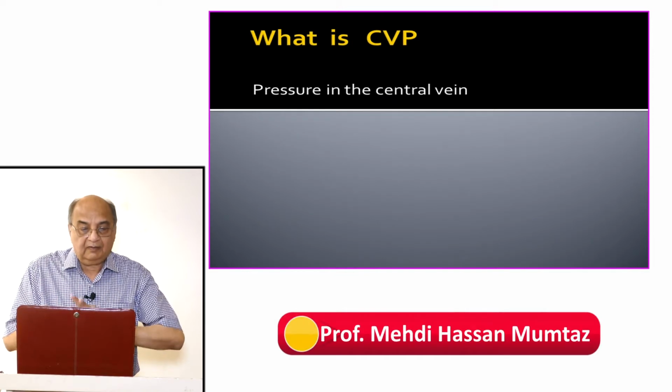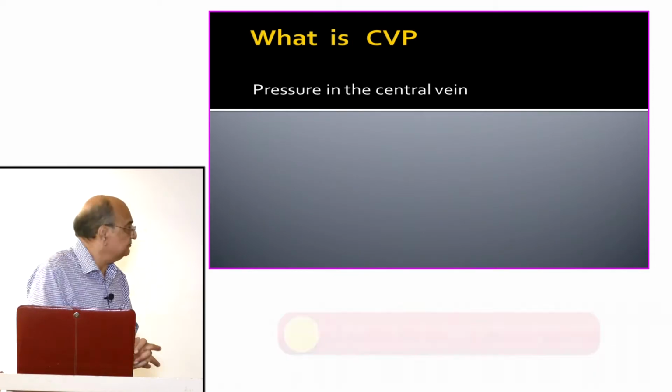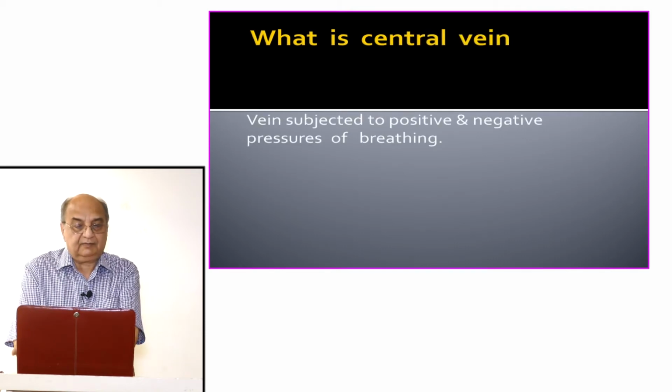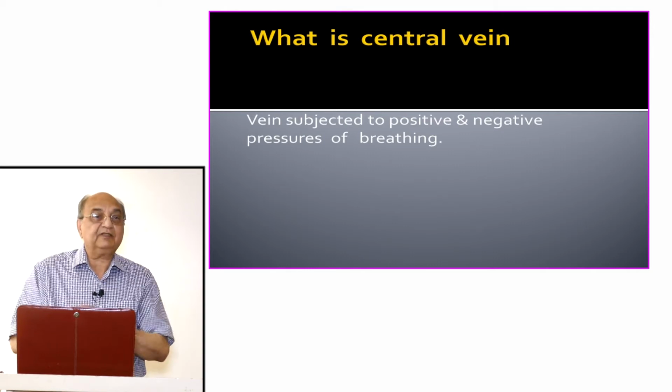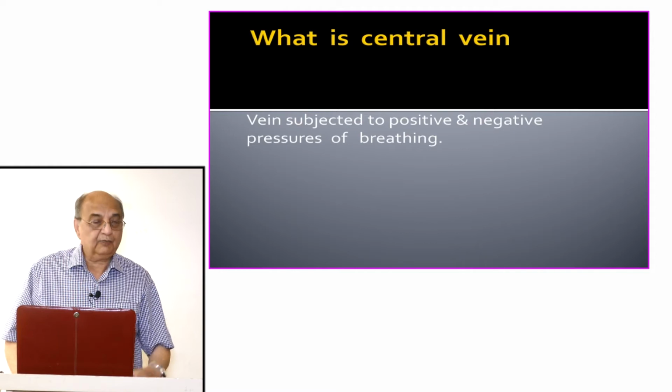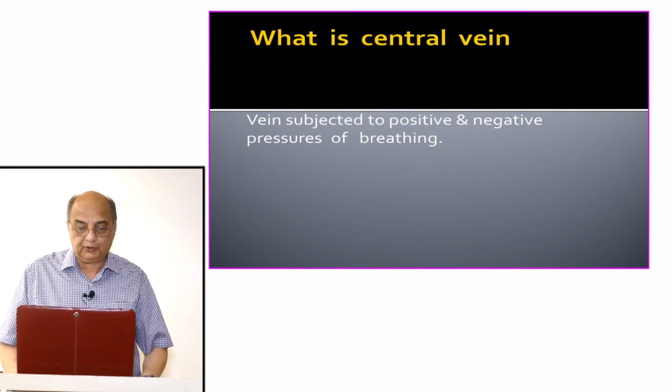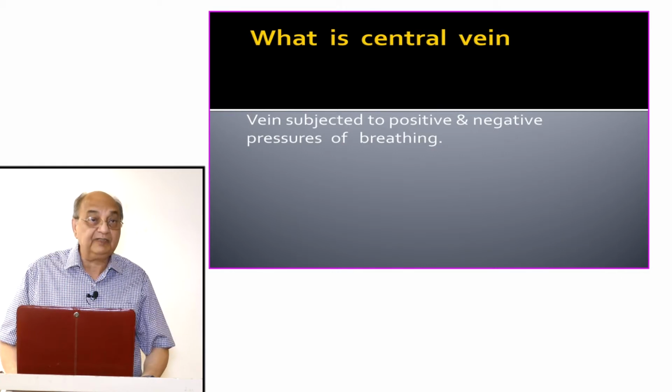Now, what is the central venous pressure? Central venous pressure is the pressure in the central vein. And what is a central vein? A vein which is subjected to the positive and negative pressure of breathing.